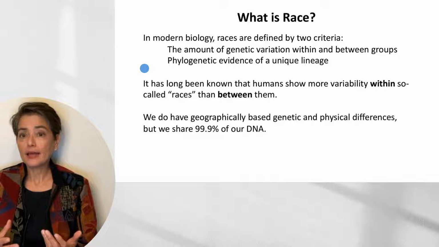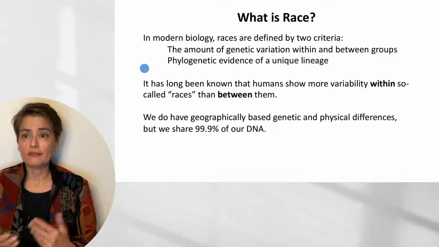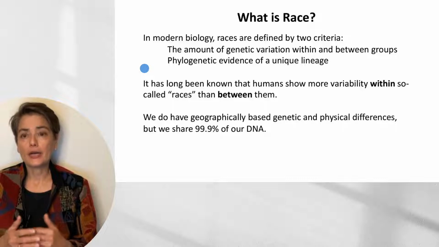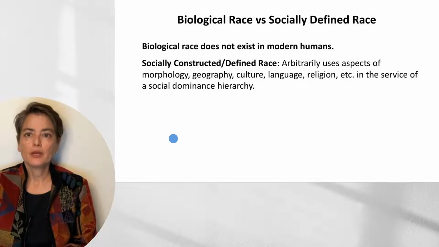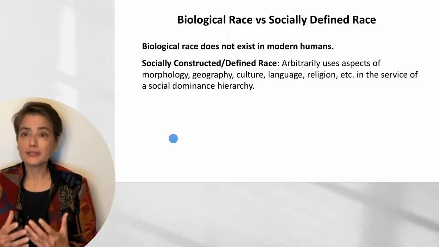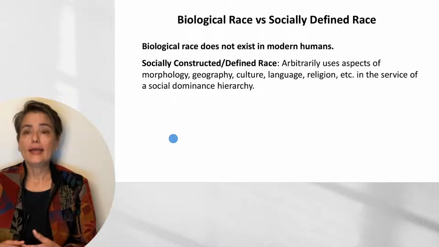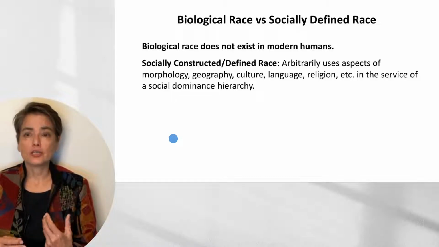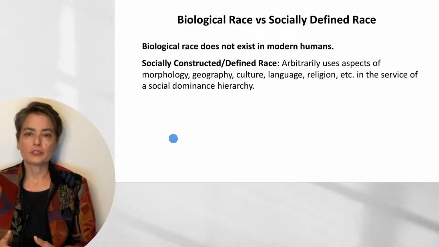Now, that being said, we do have quite clearly geographically based genetic and physical differences, but we share 99.9% of our DNA. So biological race does not exist in modern humans, but as you all know, socially constructed or socially defined race does. And these are constructed using aspects of appearance or geography, culture, language, etc., in the service of a social dominance hierarchy.